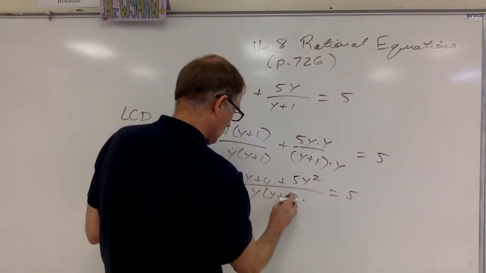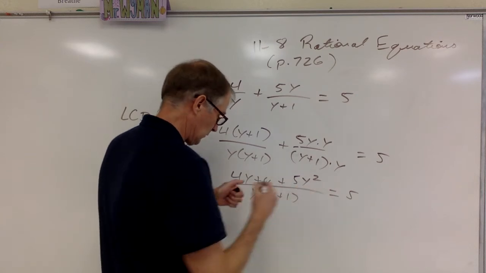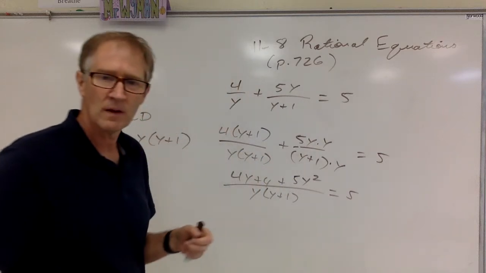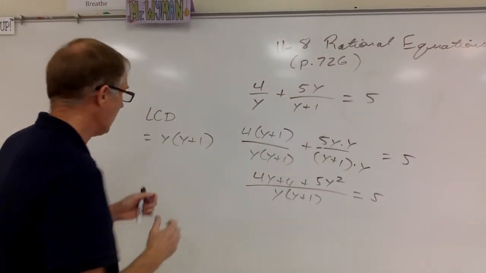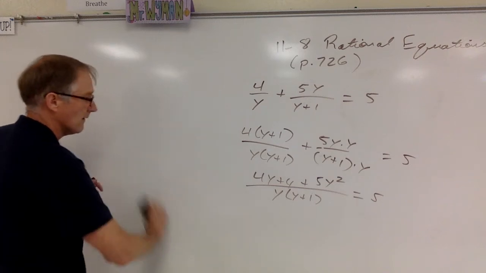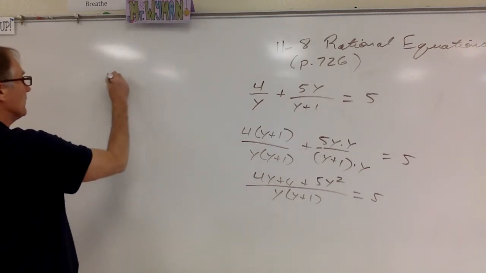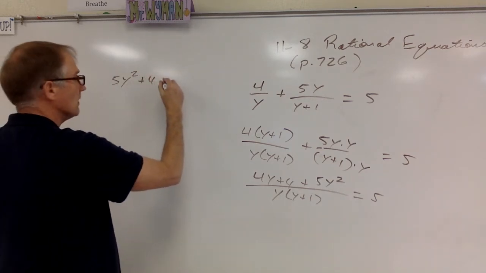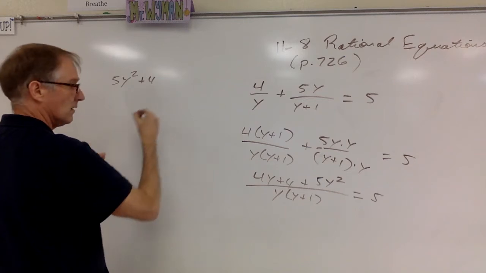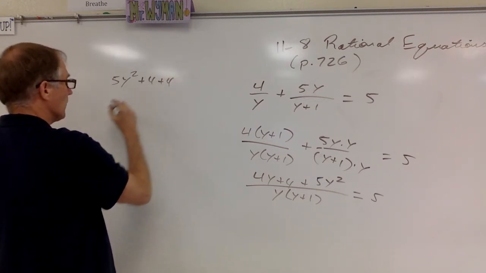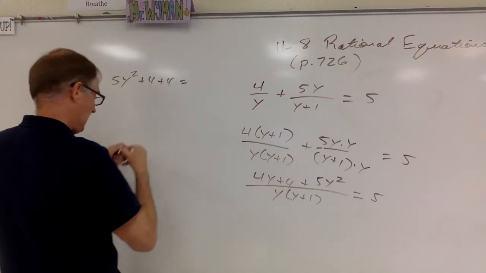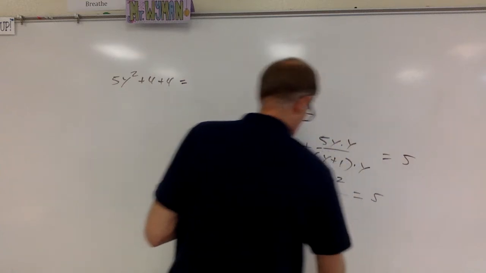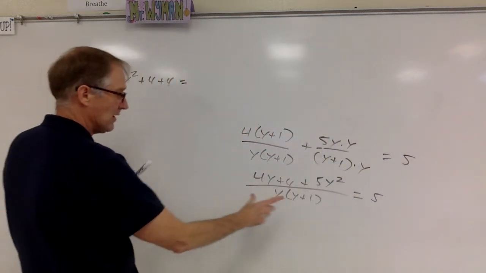I need a little more room, so I'm going to go over here. The numerator is 5y squared plus 4y plus 4. Sorry. So that's the numerator.